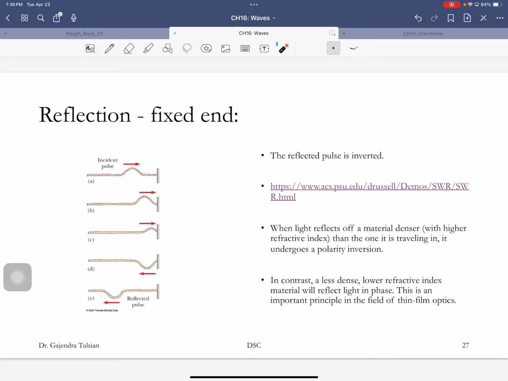You've seen those cars that drive by and they appear different colors as you see them from different angles. Do you guys know what's going on there?